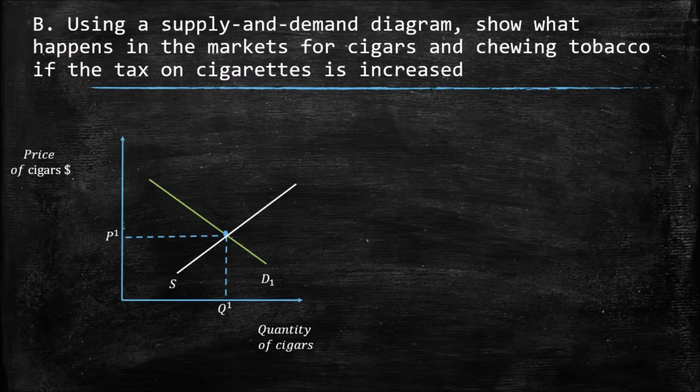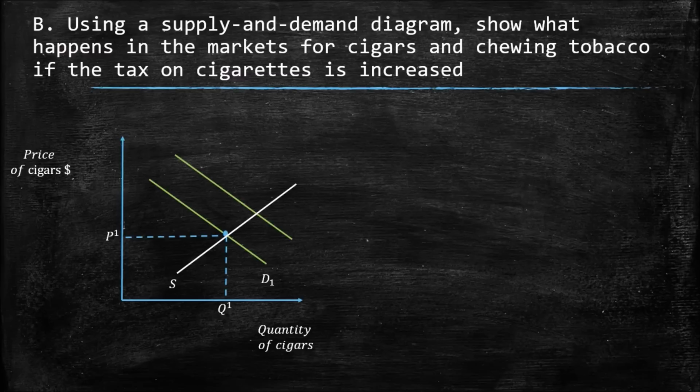These are the equilibrium prices and quantities. Given the tax on cigarettes, the price of cigarettes is going to increase, right? So in this case, maybe some people cannot afford this change in price, so then they will consume more in the cigar market.